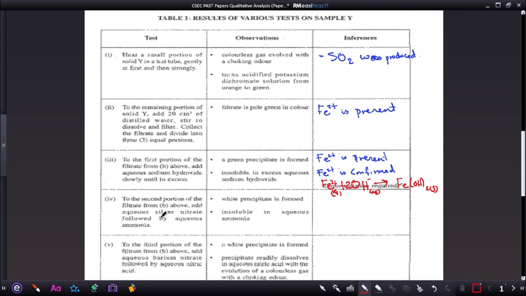Part 4, to the second portion of the filtrate from B above, add aqueous silver nitrate followed by aqueous ammonia. So adding silver nitrate, it means that we're testing for the halides, right? Followed by ammonia. First the observation states that a white precipitate is formed. The chloride ion forms the white precipitate, so that means the chloride ion is present.